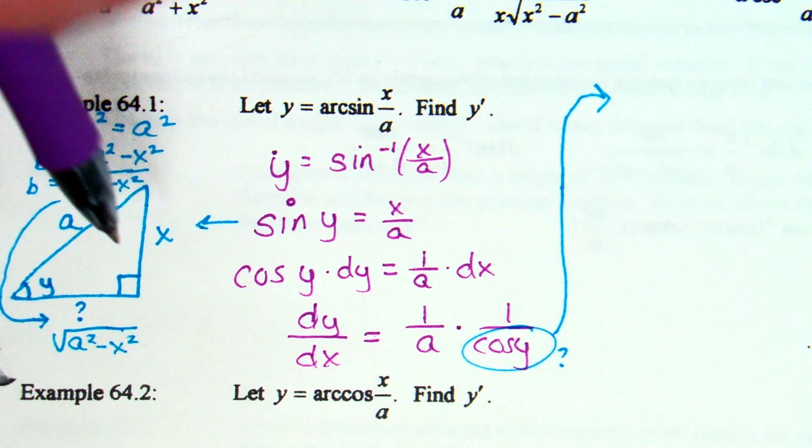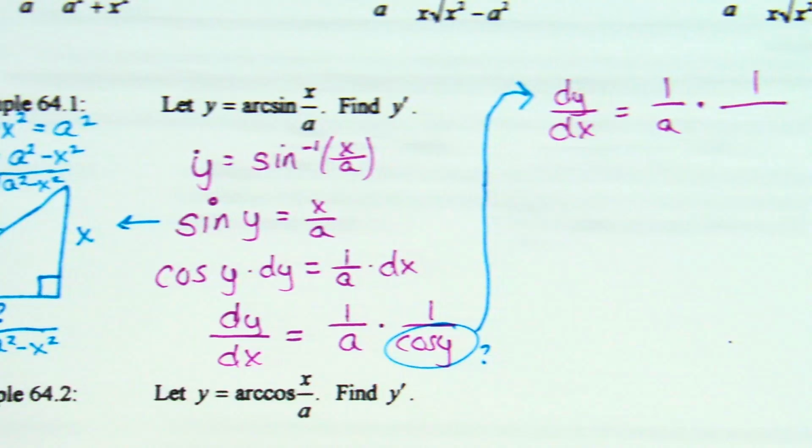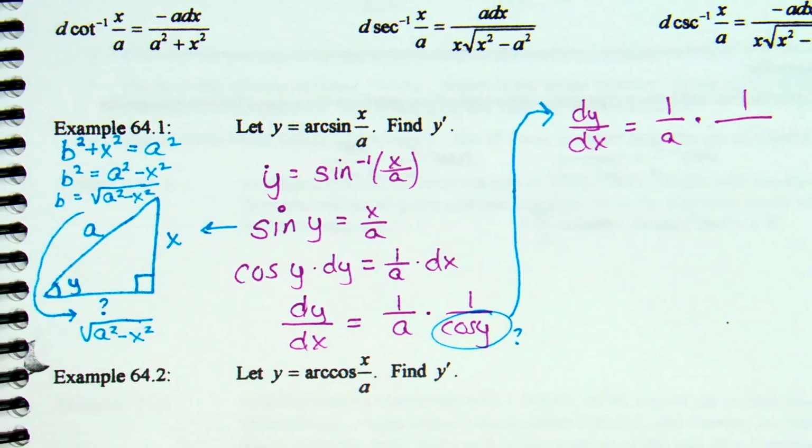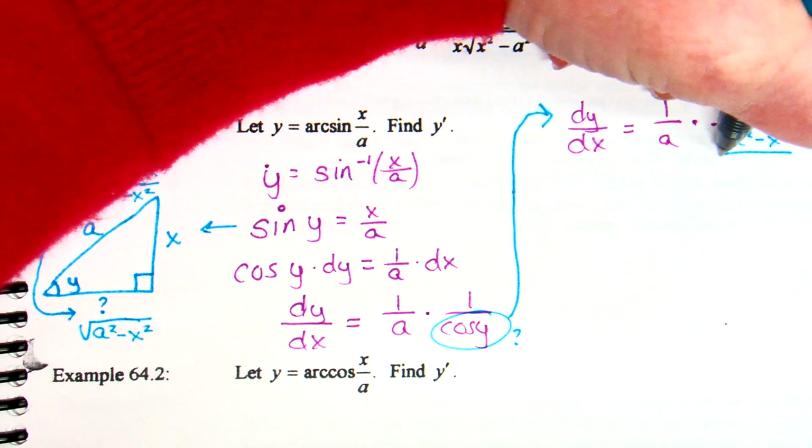So now I'm going to rewrite this. dy dx, it's still 1 over a, and it's 1 over cosine y. So what is the cosine of that angle? Adjacent over hypotenuse. So it's going to be the square root of a squared minus x squared over a.